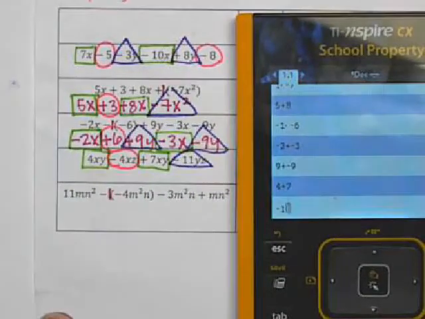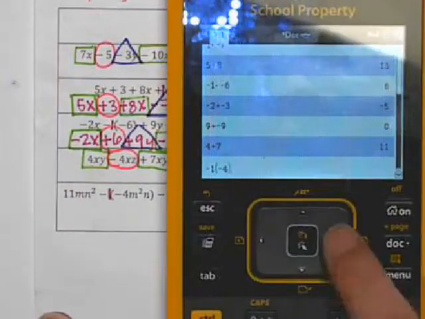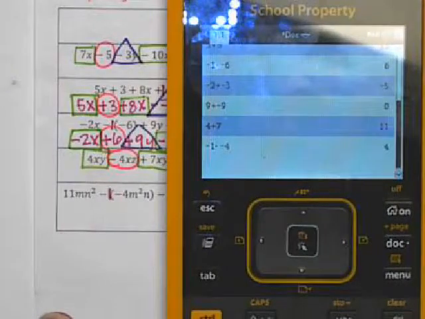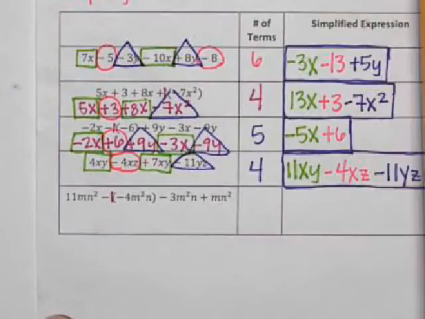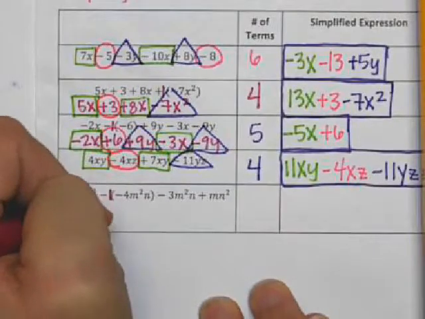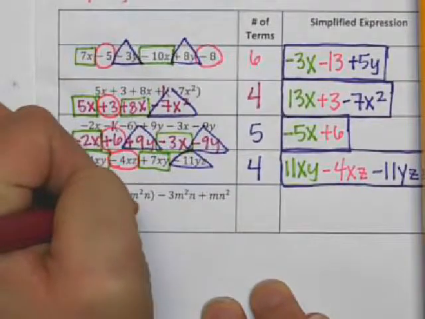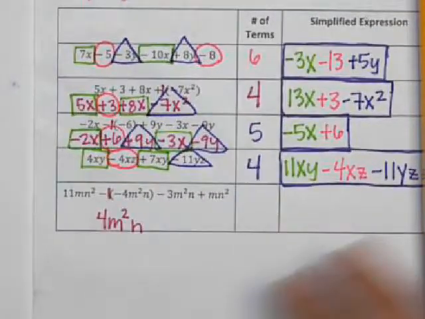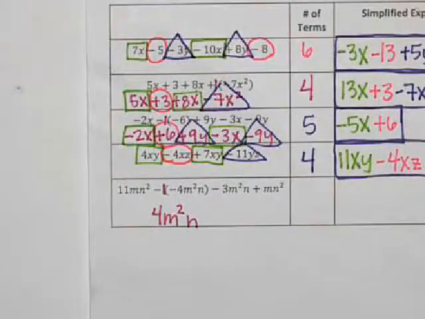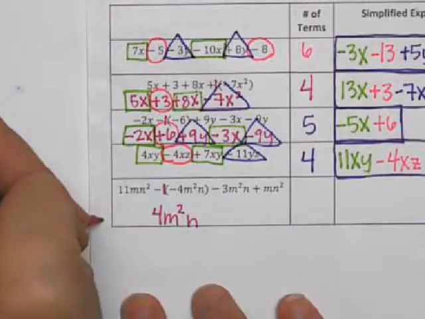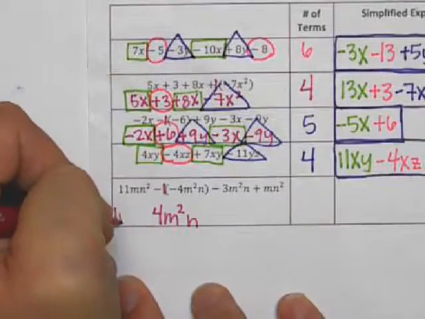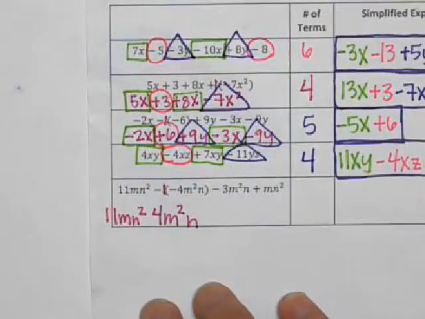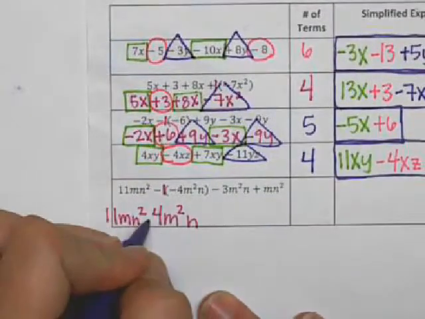So, -1 times -4 in my calculator gives me +4. So I'm going to write +4n squared n. Okay? And I'm going to bring everything else down. So 11 n squared. And that's going to be a plus sign right here.